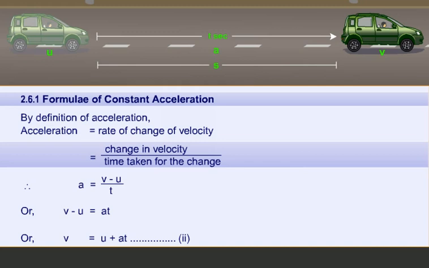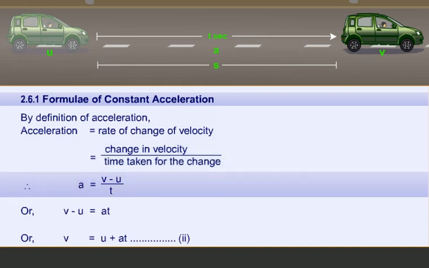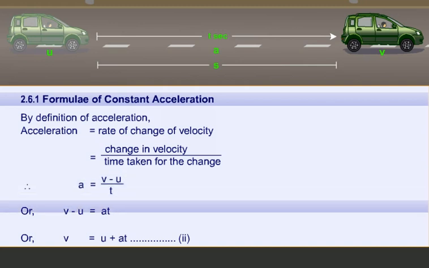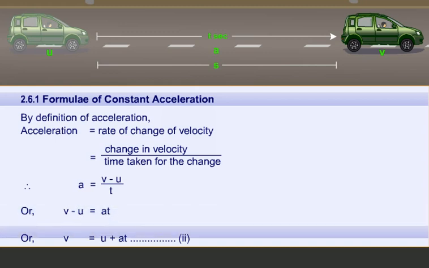Or we can write a is equal to v minus u divided by t. Now, applying the rule of cross multiplication, we can write this relation as v minus u is equal to at, or v is equal to u plus at. Students, let this be equation number 2.